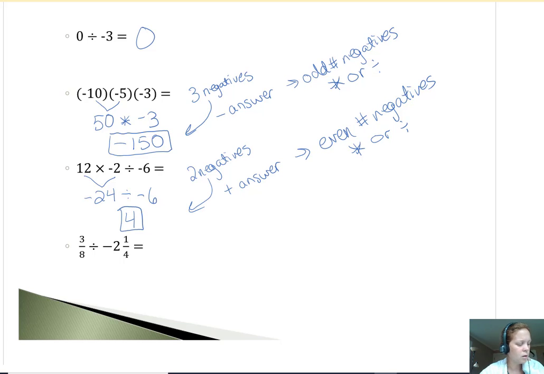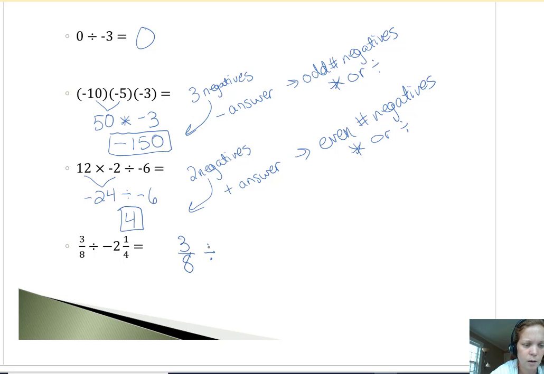Okay, now a kind of refresher fraction one. So here, multiplication and division of fractions. First off, we cannot have improper or mixed numbers, so let's take care of that first. So 3/8 divided by -2 1/4.